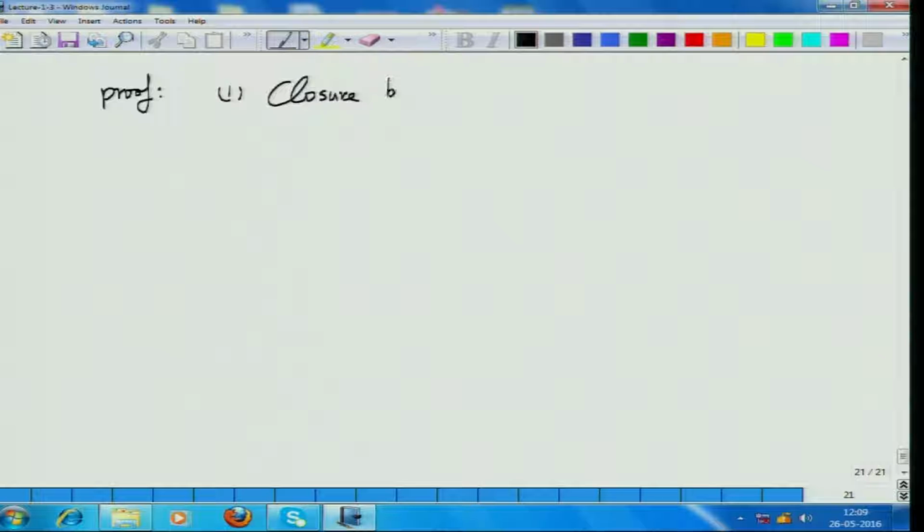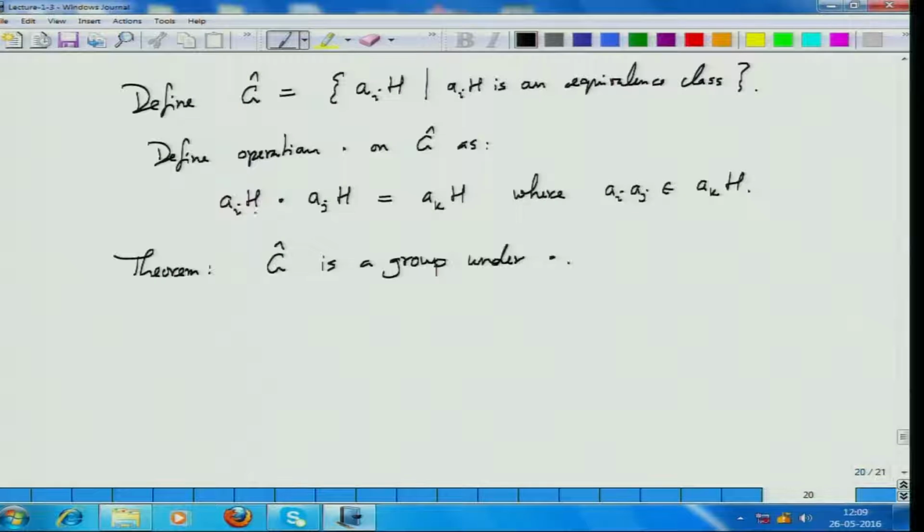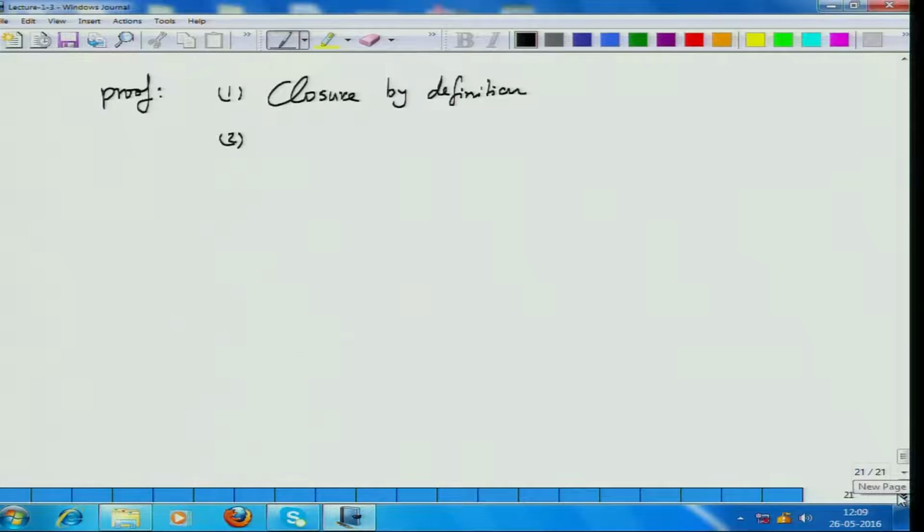That is by definition, because you see that AiH dot AjH is by definition an element of G hat. So, it is certainly closed under the operation dot. That is not a surprise at all.